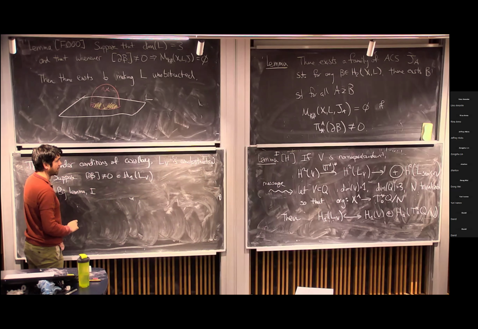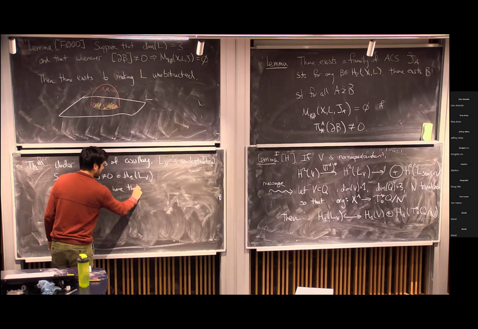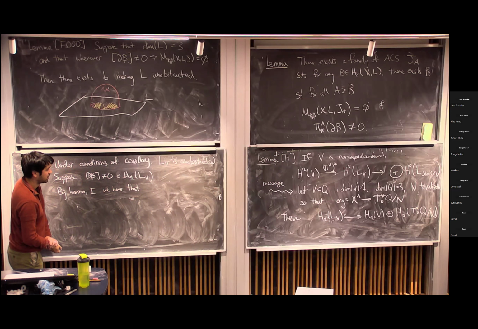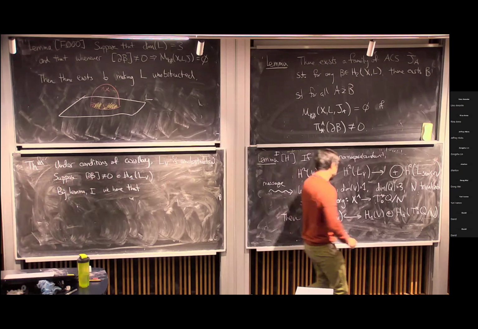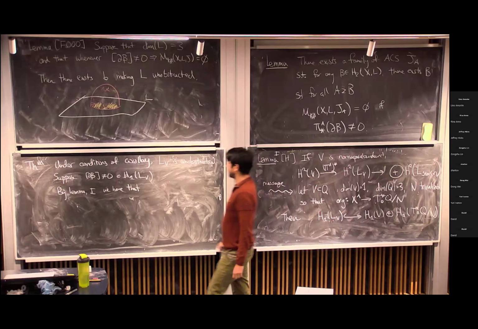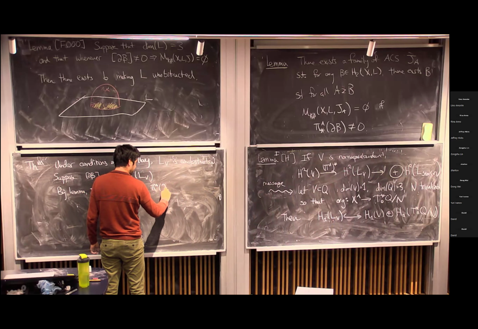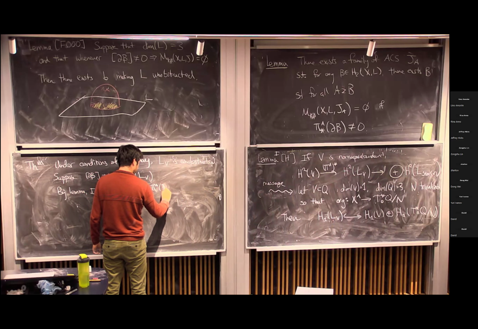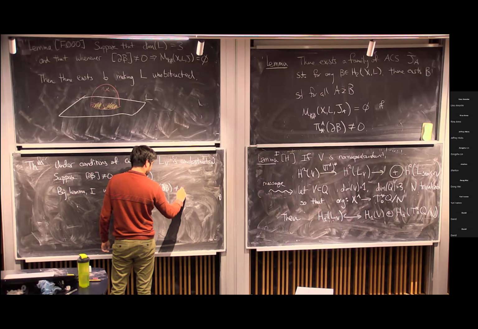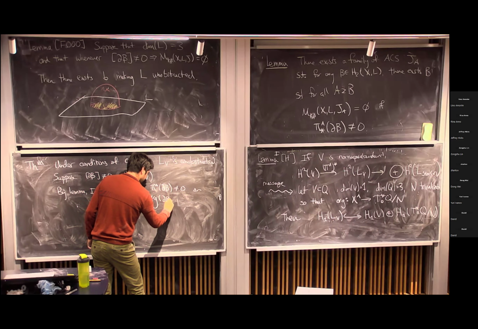By lemma 1, well, this map is injective. So either I have a non-zero class in H1 of V, or I have a non-zero class in T star Q mod N. So either the projection to the base of this boundary class is not zero, or the argument of this boundary class is not zero.